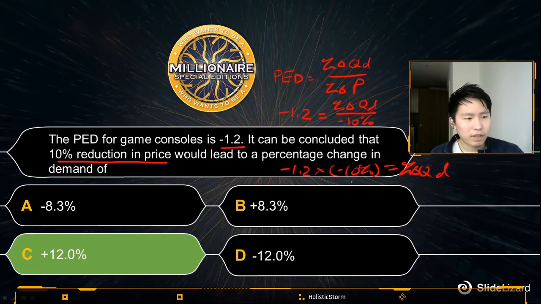And then we're going to get what? 12%. And it will be plus 12% because if you've got two minuses, they will multiply to become a positive number. Okay, cool. So that's why the answer would be plus 12%. Next question.